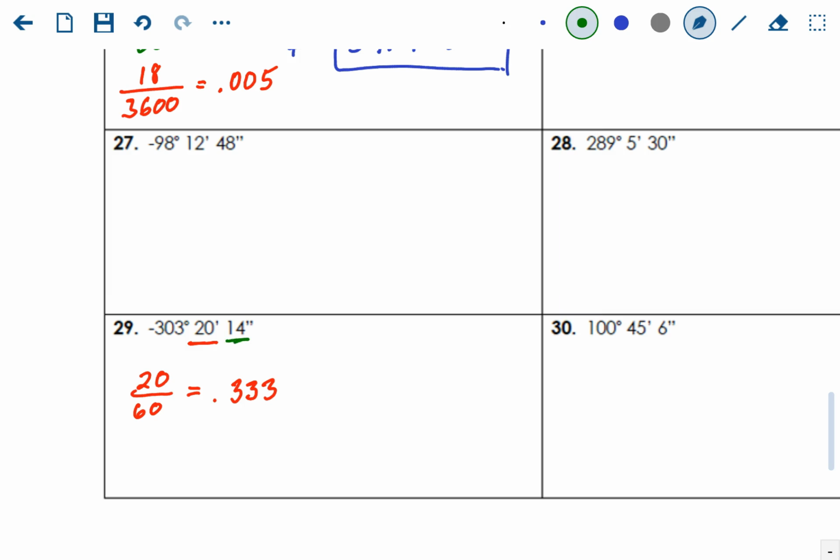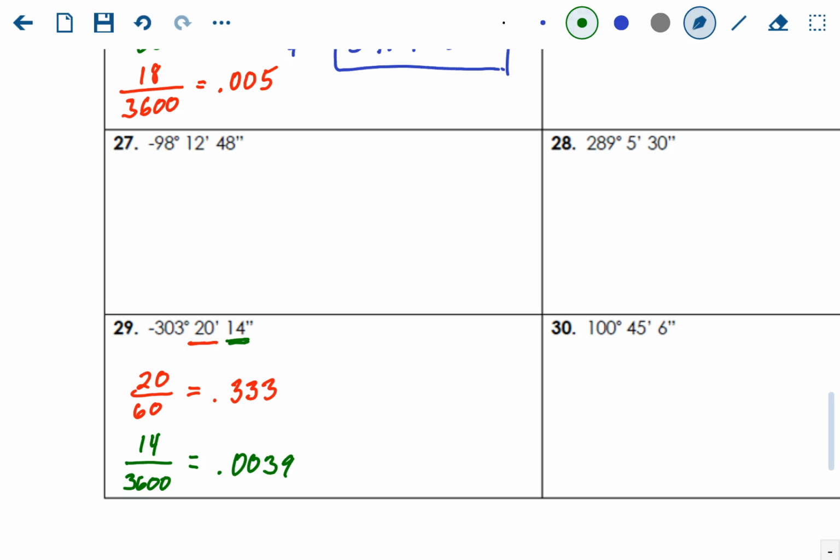And then do the seconds by 3600. 14 divided by 3600 is 0.003, and then we'll round up 9.